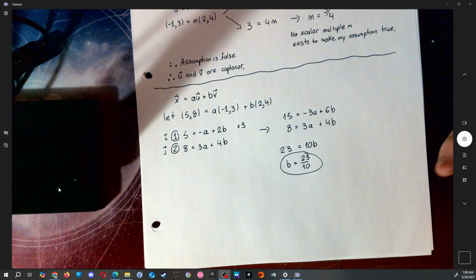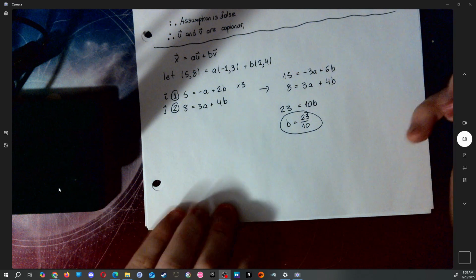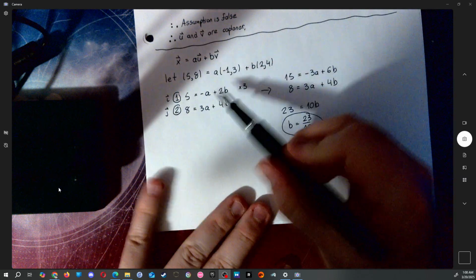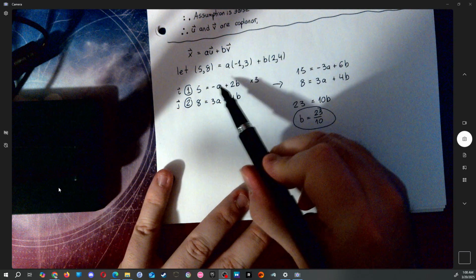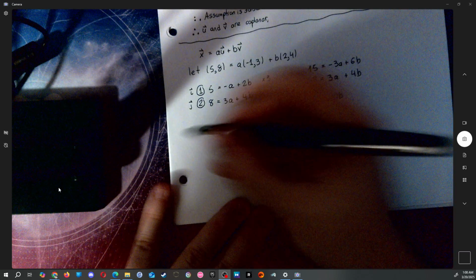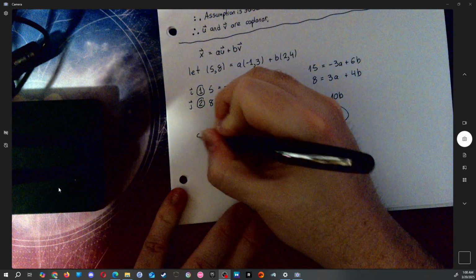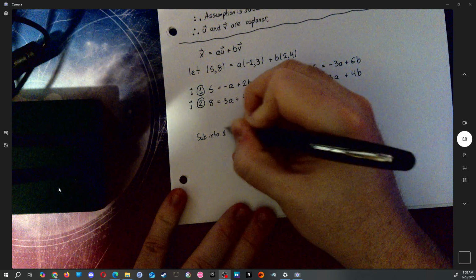All right, and now I found b. I just need to plug back in to find a, and I'm just going to pick my most simple equation. I'm going to use this one before I multiplied it by 3, just because I've already got a with a coefficient of -1, so the calculation won't be too hard for me. So sub into equation 1.